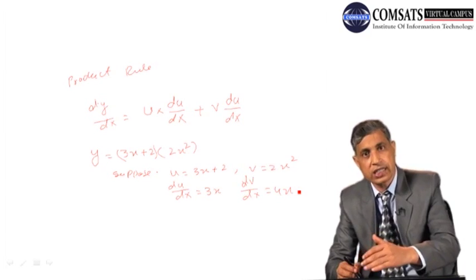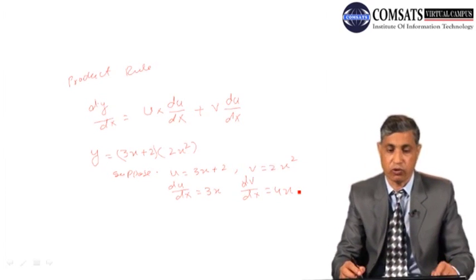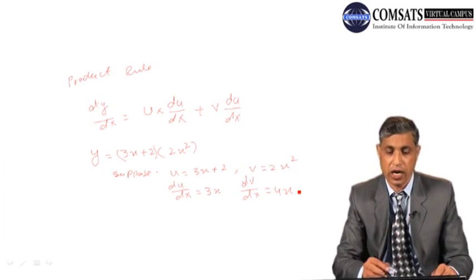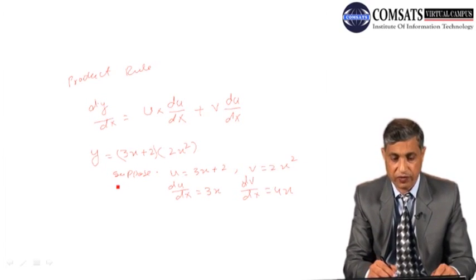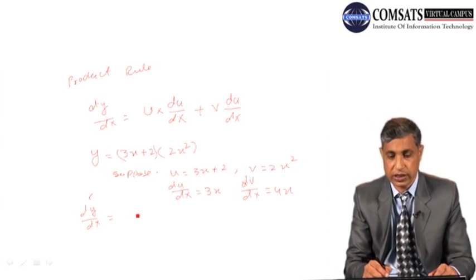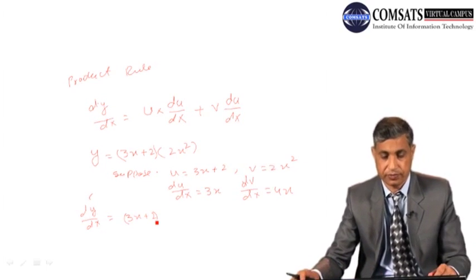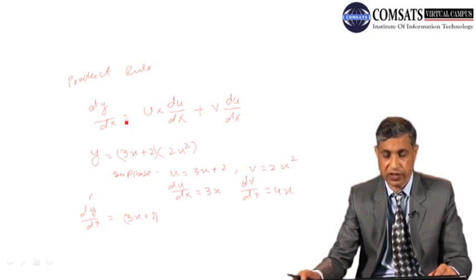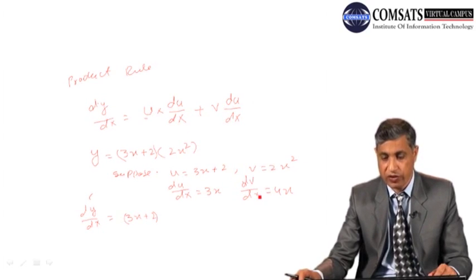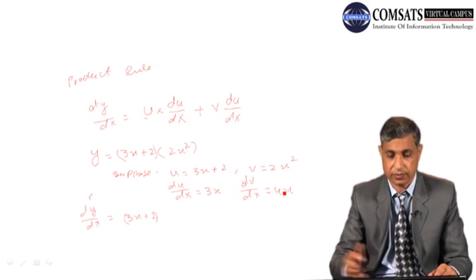Now we have to just put these values into the formula. dy over dx will be equal to u, which is 3x plus 2, multiplied by dv over dx, which is here 4x.